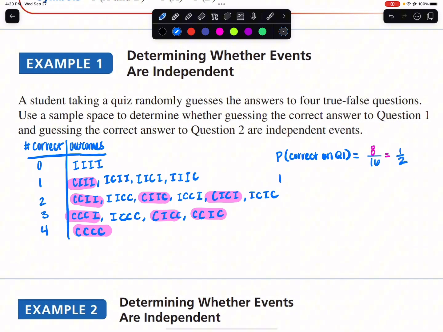Then we want to find the probability that they got the correct answer to number 2. So again, over the total 16. Number 2 correct, we've got here, here, here, here.